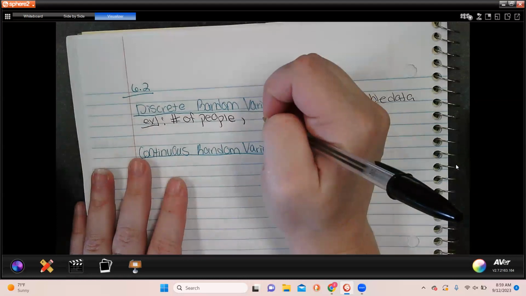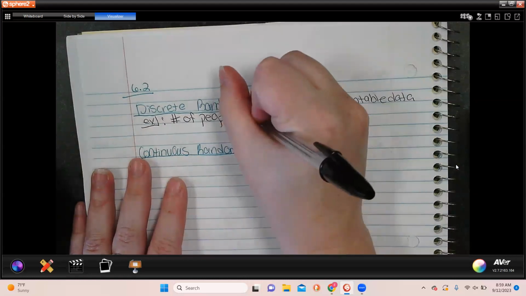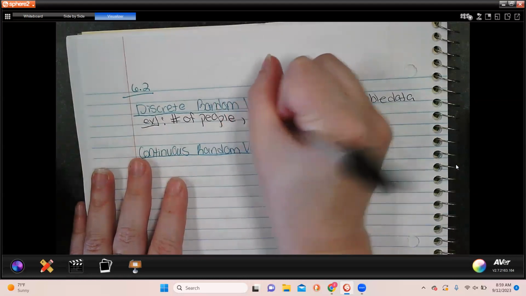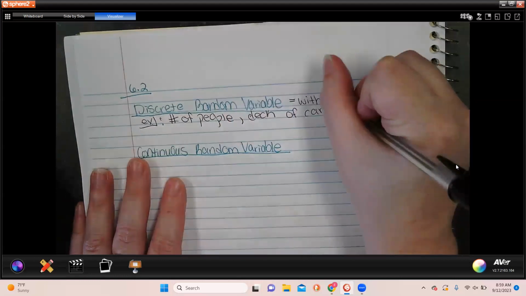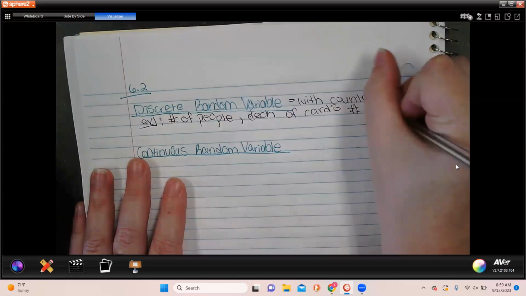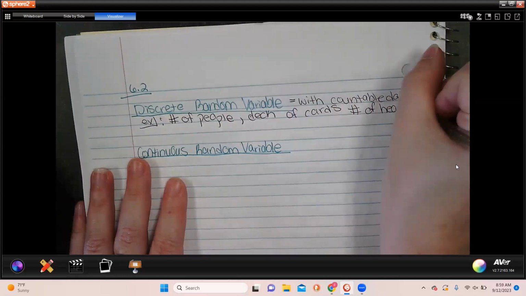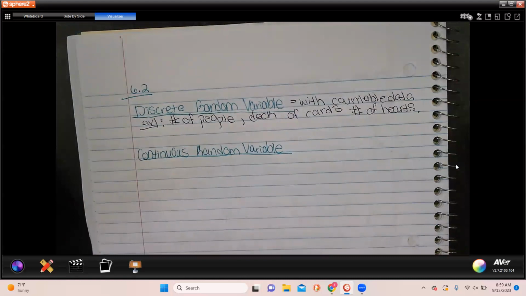So in a deck of cards, the number of hearts, right? The heart suit, there should be 13 of them. This is what I mean by countable data. When you're gathering this data, it's something you are truly counting.